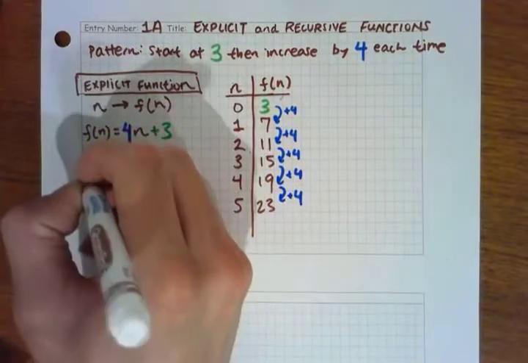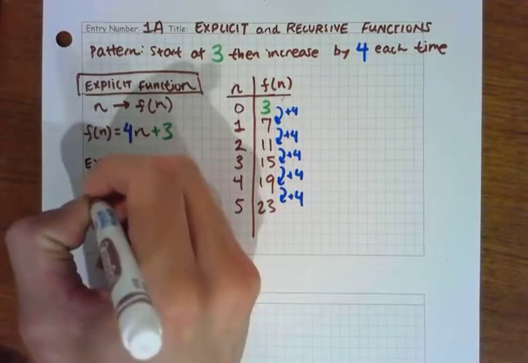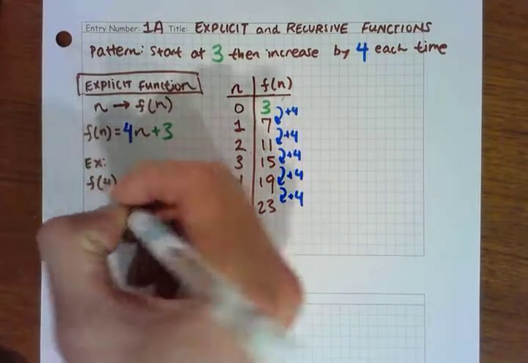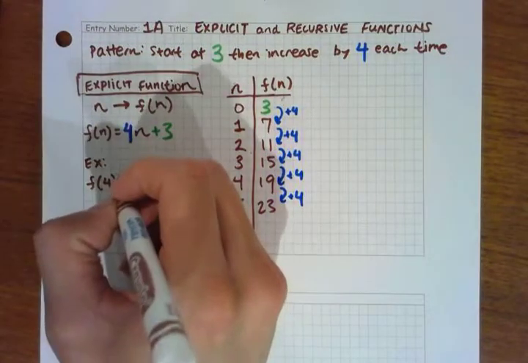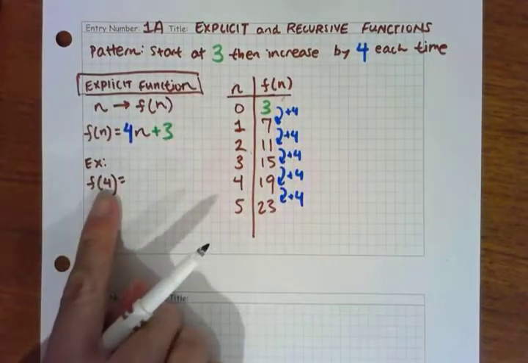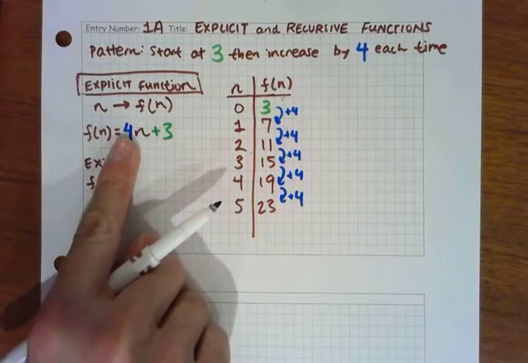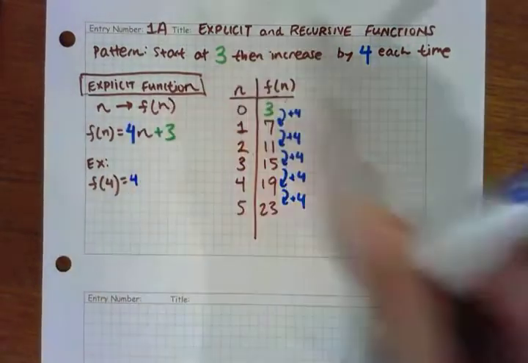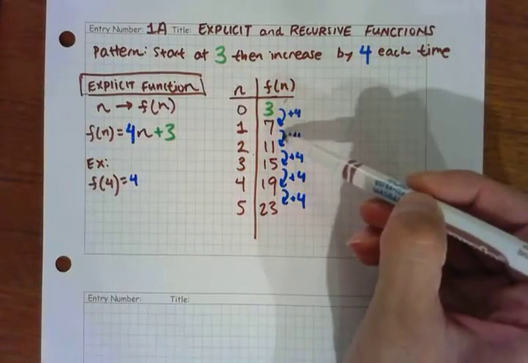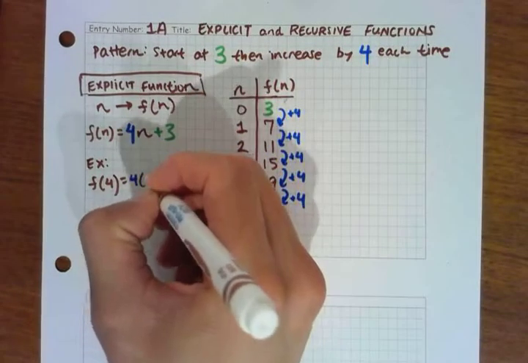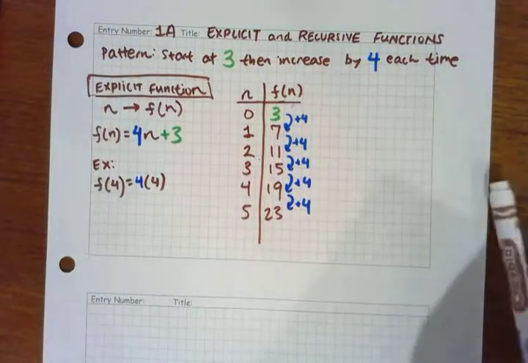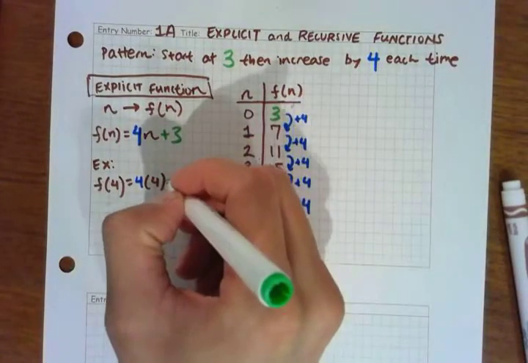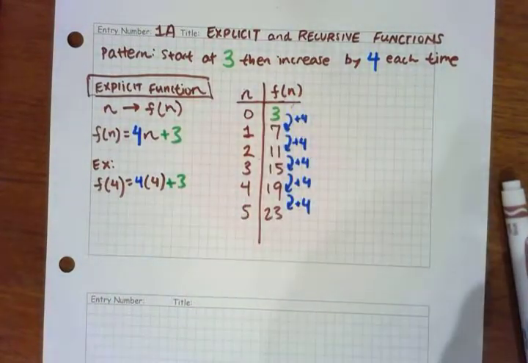So for example, if it's asking you what is f of 4, that means you're plugging in 4 into this function here. So you're multiplying 4, because that's how many times it increased by 4, plus 3 that we started with up there.